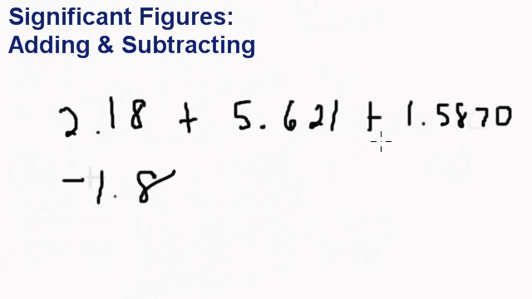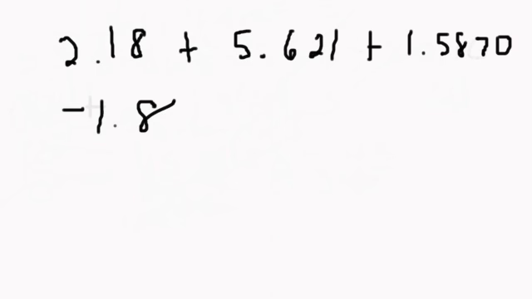Okay, so if you have these numbers, if we were to multiply these or divide them, you need to first ask yourself how many significant figures are in each. So you would say this has 3 significant figures, this has 4, and so on and so forth. But when you're adding and subtracting, it's actually a little bit different. And I'm going to show you what happens when you're adding and subtracting.